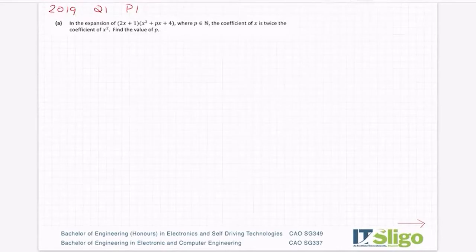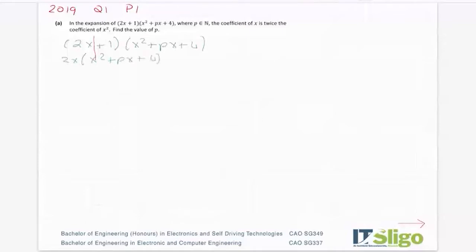Okay, well, the first thing we have to do, we're going nowhere until we multiply it out. So (2x + 1)(x² + px + 4). Let's switch to black, it's a bit darker. Okay, so I'm multiplying everything in the first bracket by everything in the second bracket, of course, and if it's easier for you, you can split that first bracket as such.